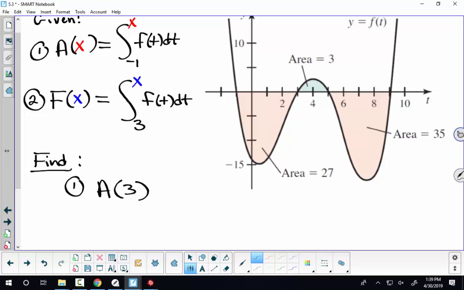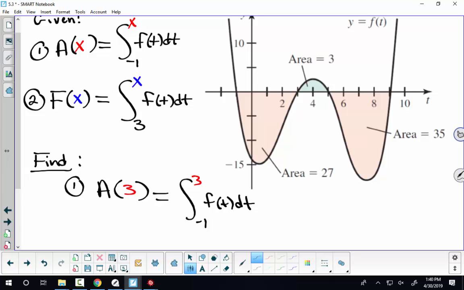If I plug 3 into A, what does that function then look like? It's A of 3. So that says that's the integral from -1 to 3 on f of t dt. So what is the integral from -1 to 3 on that function?